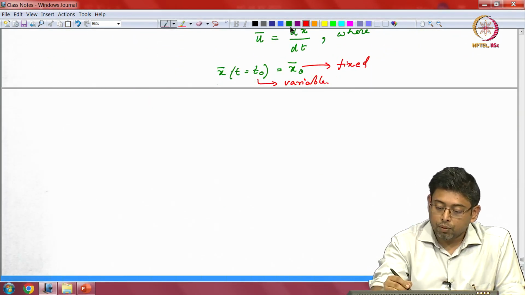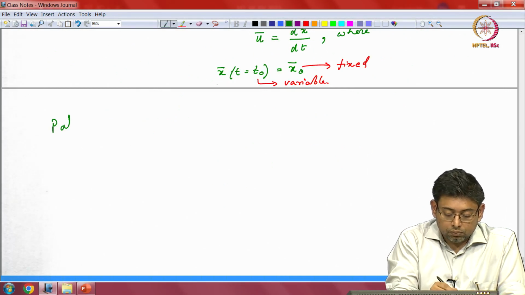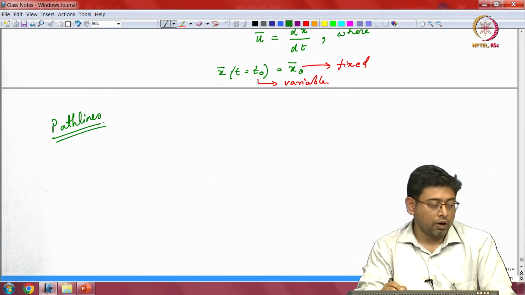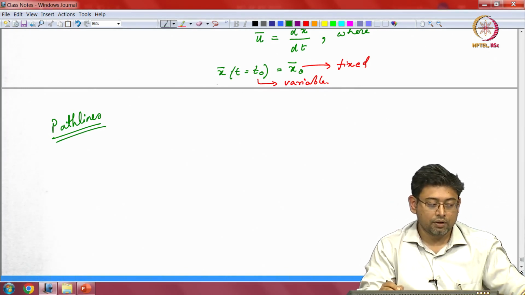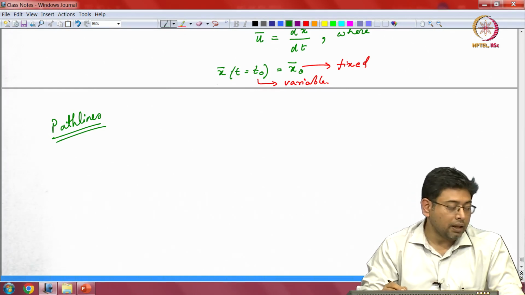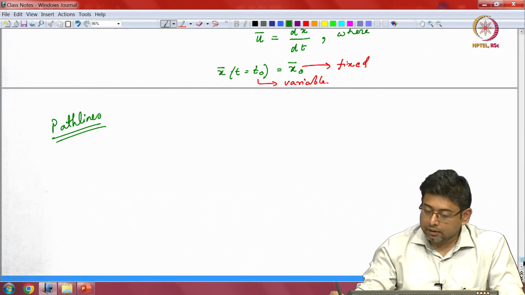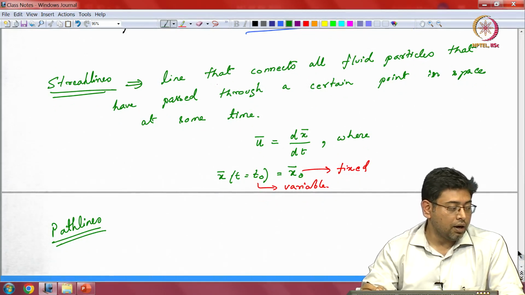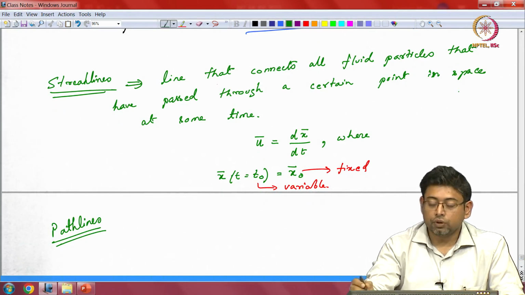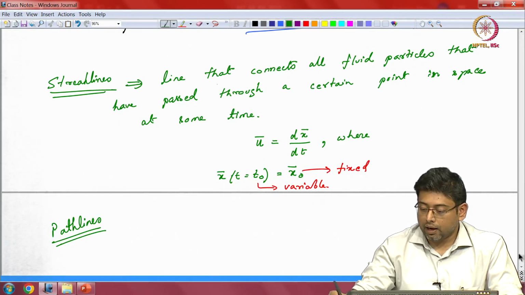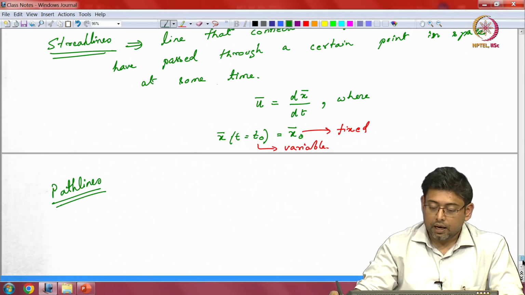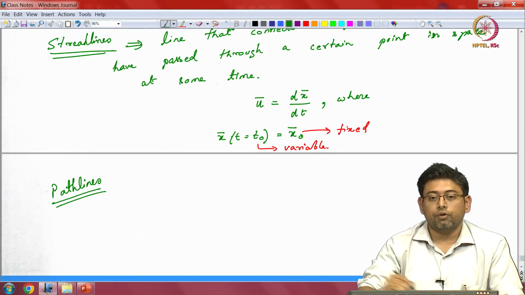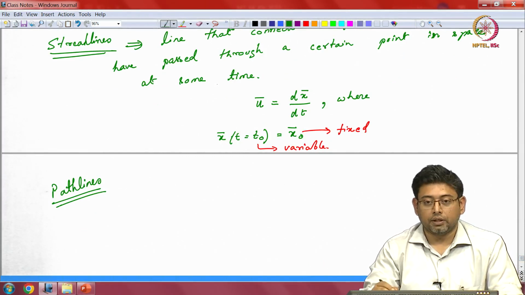And then we come to path lines. Now path lines are probably the most intuitive of all of them, and the reason for that we'll see, because path lines is basically a line just like the previous one. It is a line that connects fluid particles, not that have moved through a point at any time, but instead it's the movement of a given fluid particle as it passes through different points in space, right.